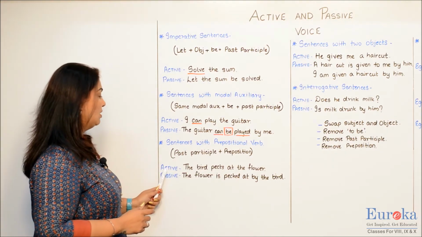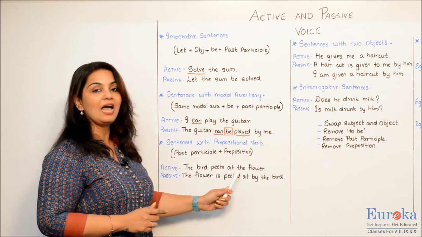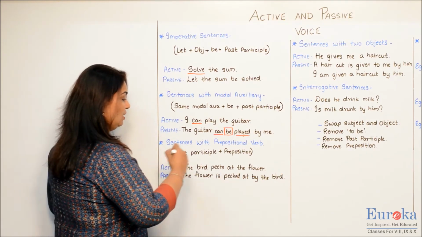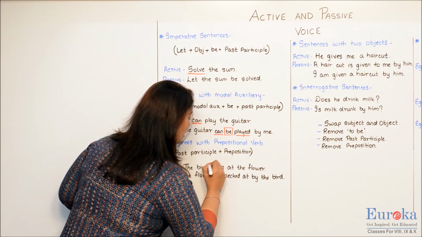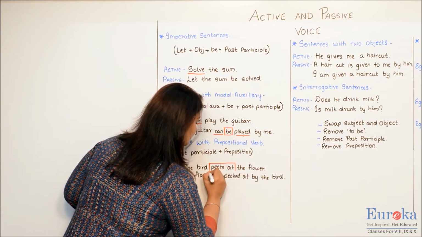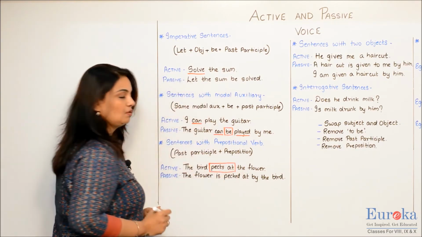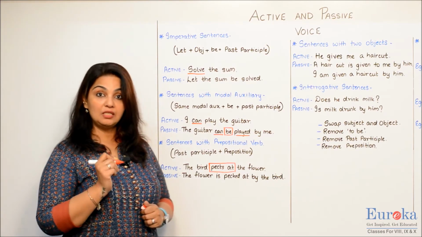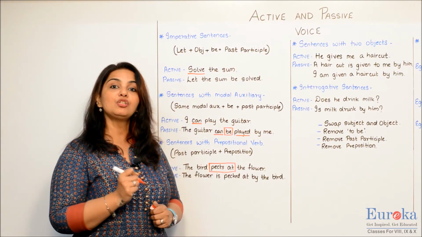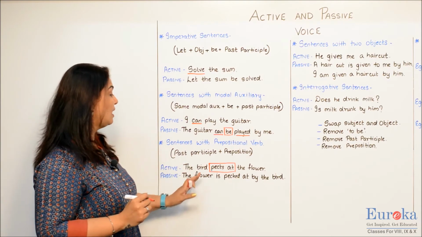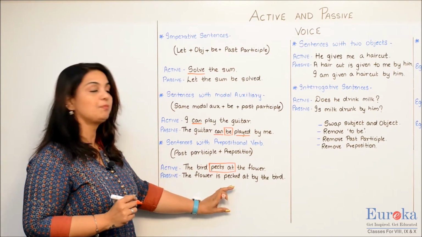In the active voice, it is the bird pecks at the flower. So, over here, you have the prepositional verb pecks at. So, when we convert this sentence from an active voice to a passive voice, we bring down the entire preposition.